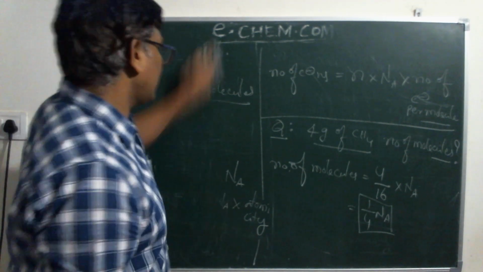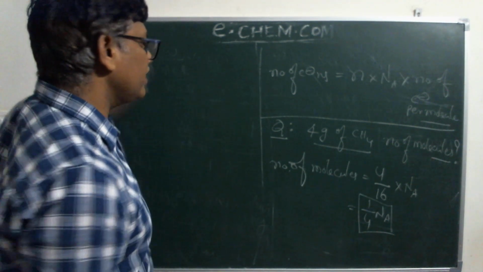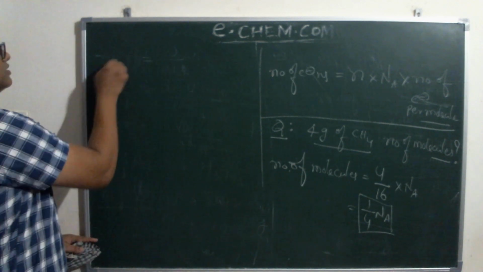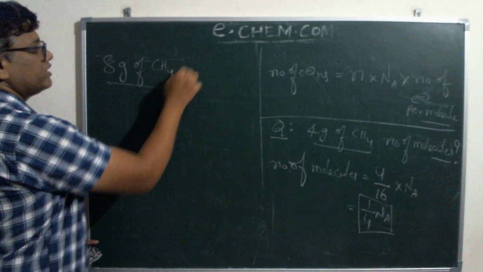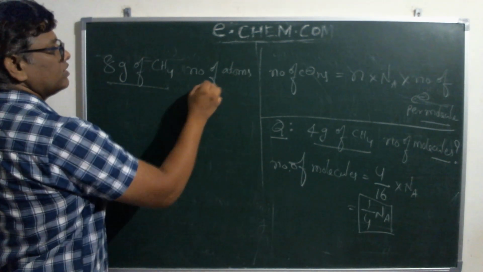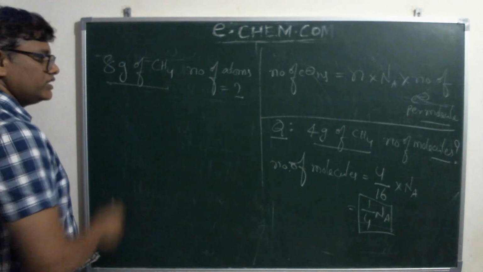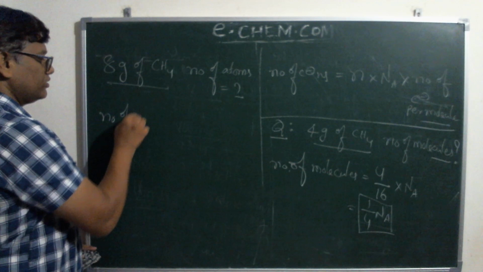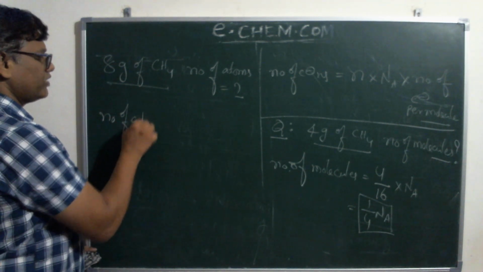Suppose I want to calculate the number of atoms in 8 grams of methane. How to calculate the number of atoms?